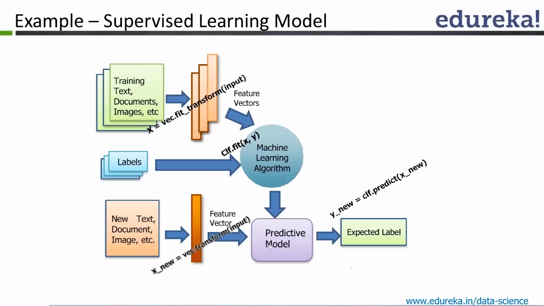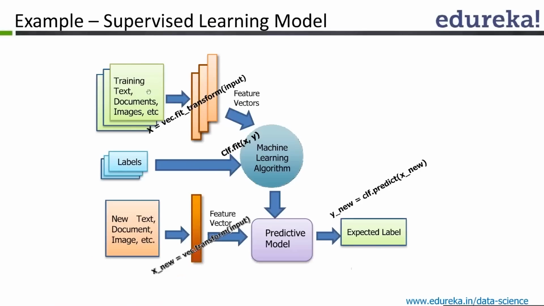So in the entire picture, there are three main components. One is the data preparation or data transformations, which converts raw data into feature vectors. The second is the machine learning model, which takes feature vectors and labels and produces a model. And the third is the actual prediction, which is using the model in action.